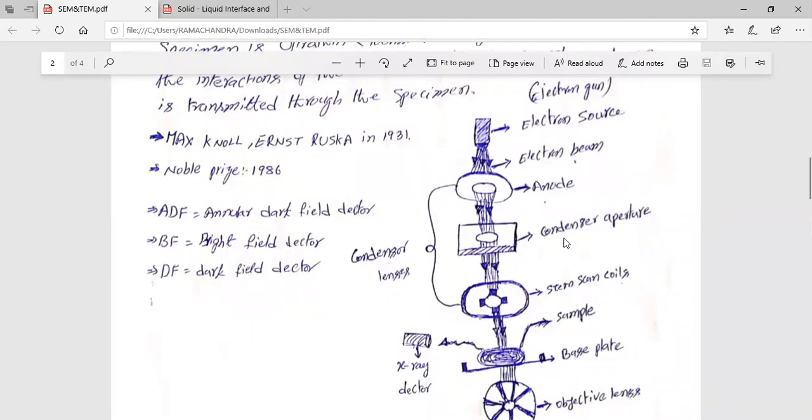So the main purpose of the condenser aperture is to condense electrons into a single point and pass them to the STEM scan coils. These scan coils scan the signals for the image of the sample before they reach the specimen. So this is the base plate. Here we put the sample, also known as the specimen.